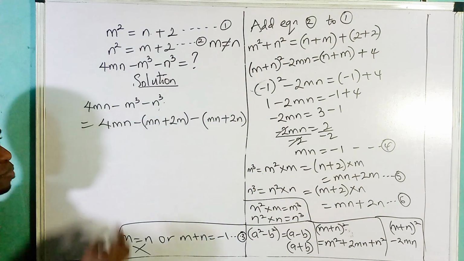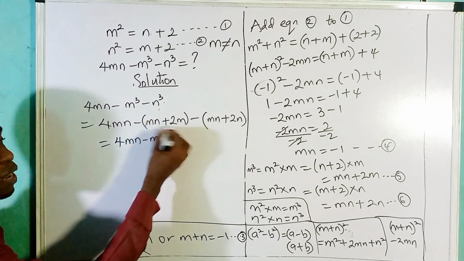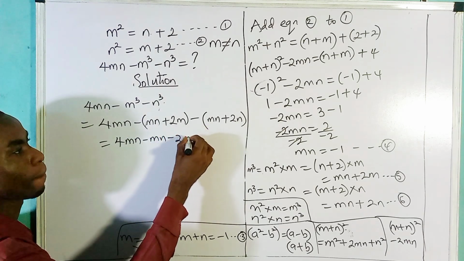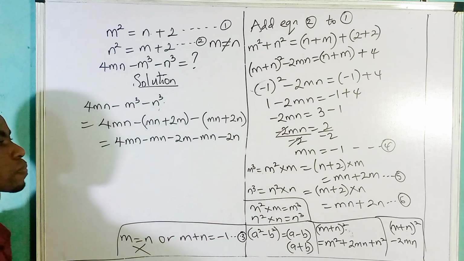Alright, so let's open a bracket. We have 4mn minus mn. Minus is affecting any sign within a bracket. So minus 2m minus mn minus, that's minus times plus, which is minus 2n.